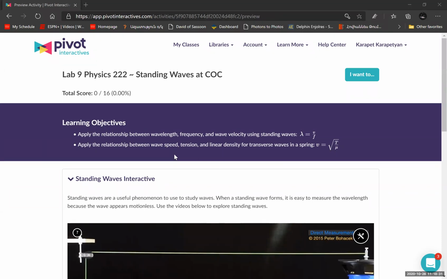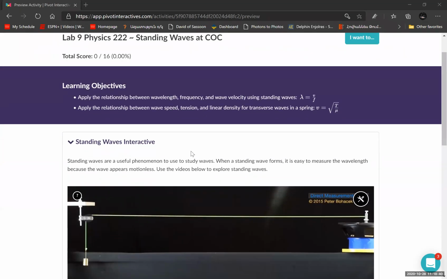So we have standing waves. I'm pretty sure that you already learned about standing waves and how to measure and find waves and things like that. So you can write the learning objectives: apply the relationship between wavelength, frequency, and wave velocity using the standing waves, where the equation for the wavelength is the velocity over the frequency.